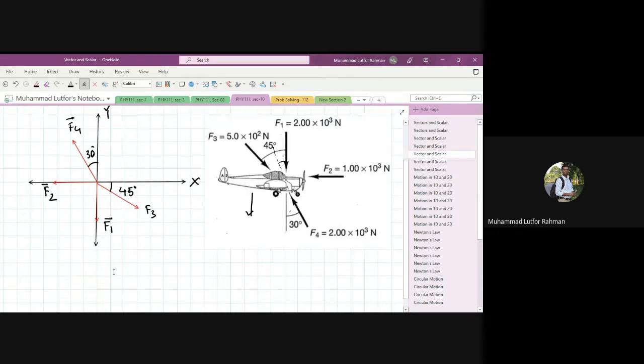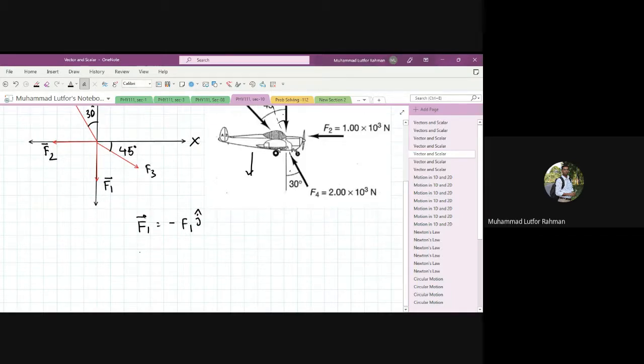Now what would be my job? My job would be basically to represent the vectors in components. F1 I can write as minus F1 j hat, right? I'm writing it in vector form, representing in terms of unit vectors. I know the magnitude of F1, I'll just plug it in over there. So what would be F2? F2 would be minus F2 i hat, because it is towards the negative x direction. That's fine.